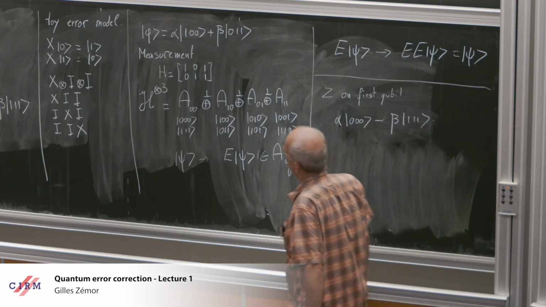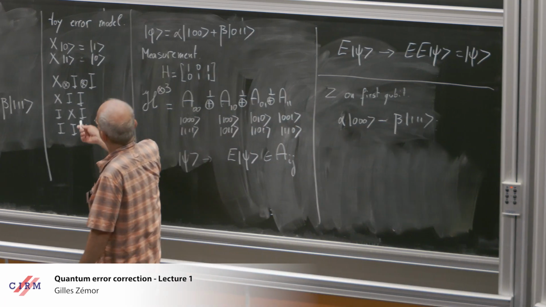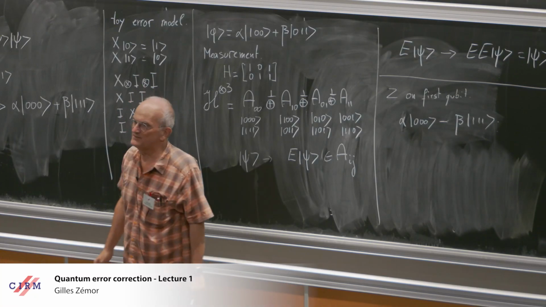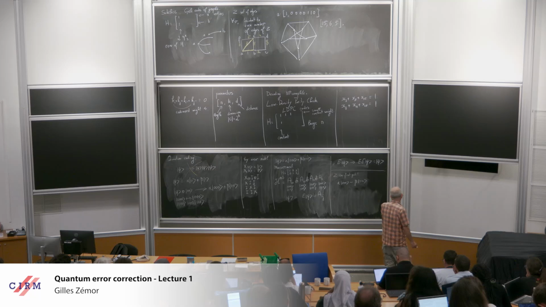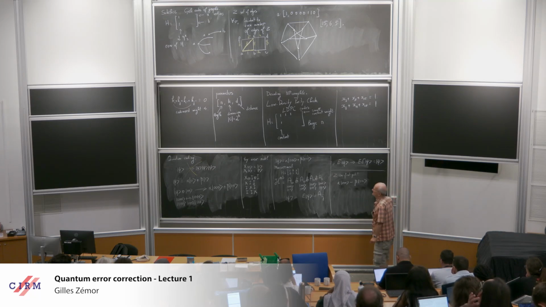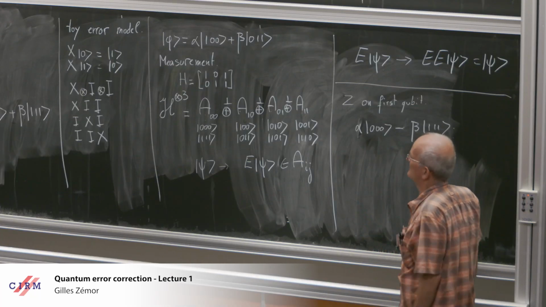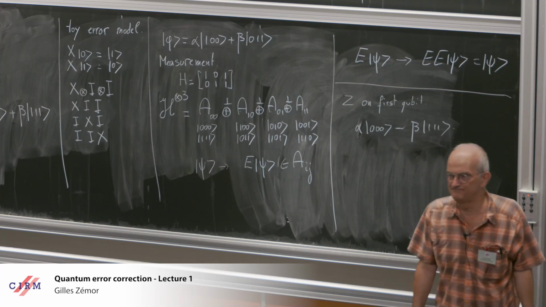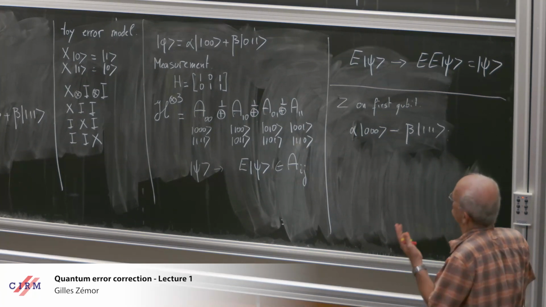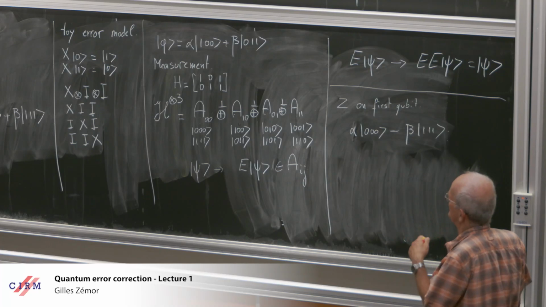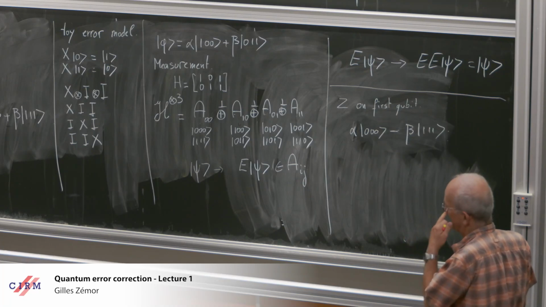So if we're told that we will either get an X error on one of the qubits or a Z error on one of the qubits, then we're going to lose. We're not going to be able to correct the error. We will have to make a hypothesis of the sort: we either have an X-type error or a Z-type error.